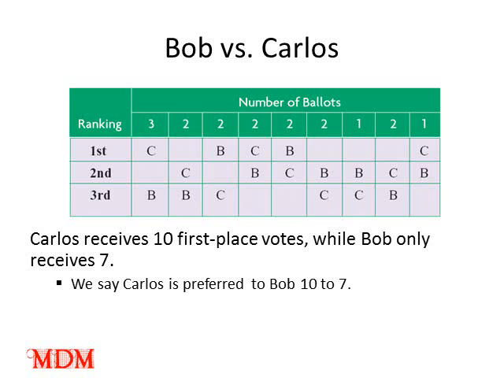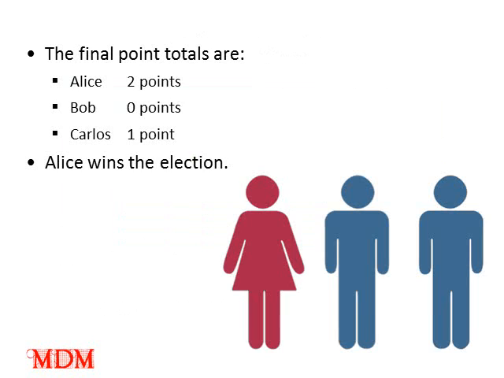We say Carlos is preferred to Bob 10 to 7. Carlos receives 1 point. The final point totals are Alice with 2 points, Bob with 0 points, and Carlos with 1 point. Alice wins the election when we use the pairwise comparison.